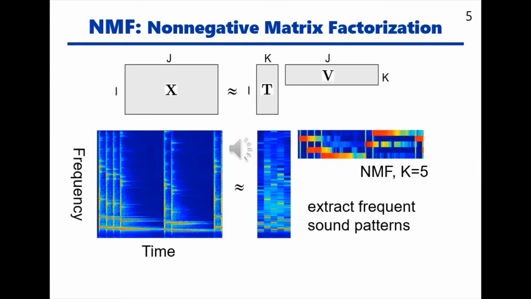NMF produces 2 matrices shown in the right. In the T matrix, we have extracted frequent sound patterns. In the V matrix, we have the timing information that represents when each sound pattern begins and attenuates as time goes on.